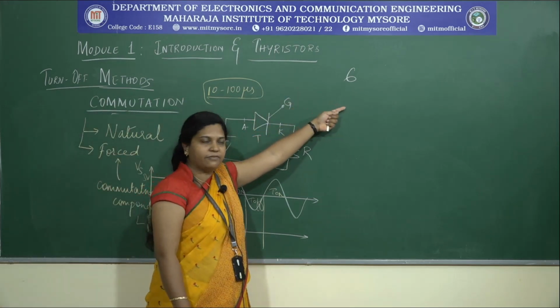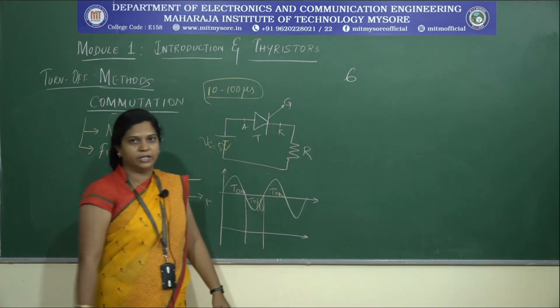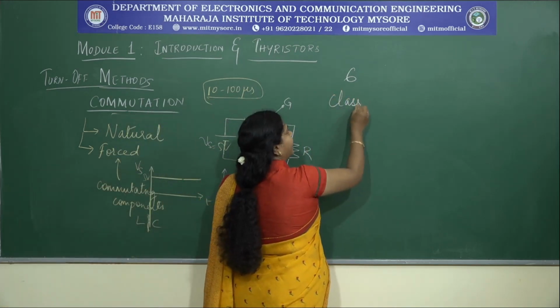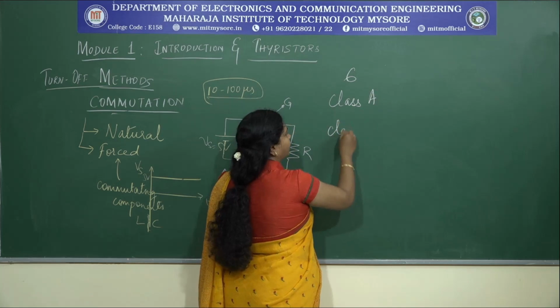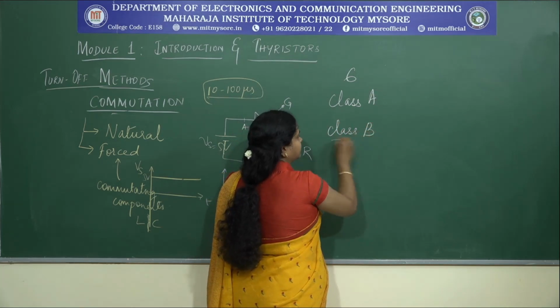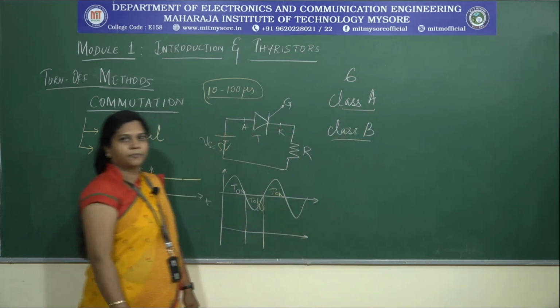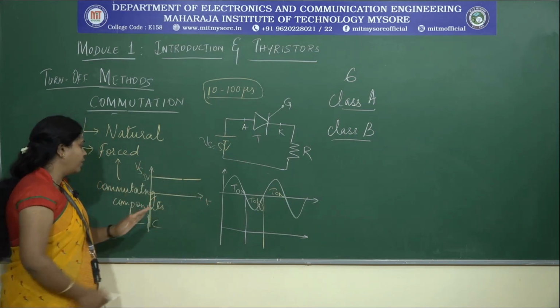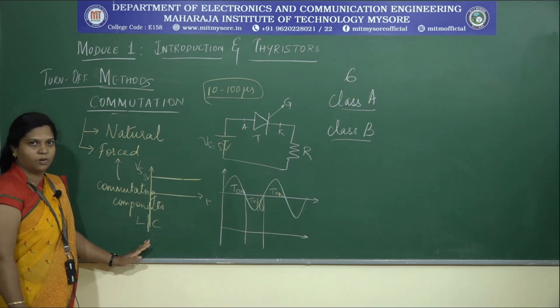Out of these 6 types, for your syllabus we have class A type of commutation and class B type of commutation. This classification is purely based on the commutating components.